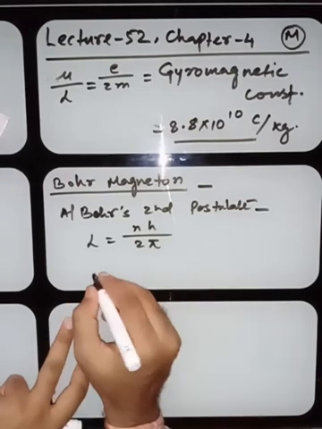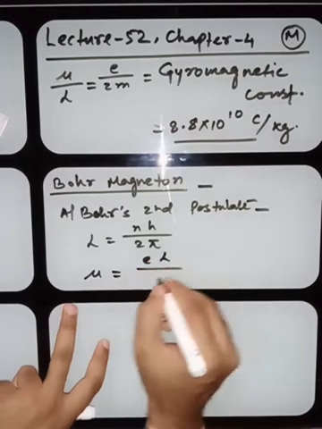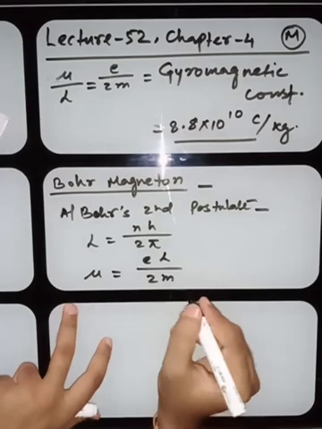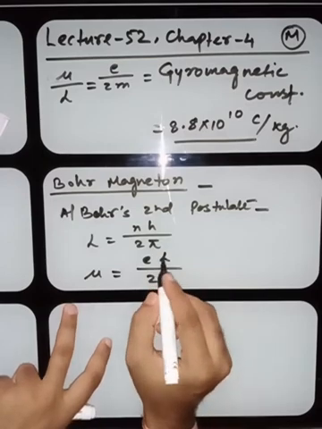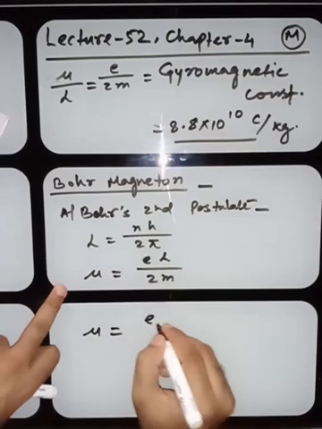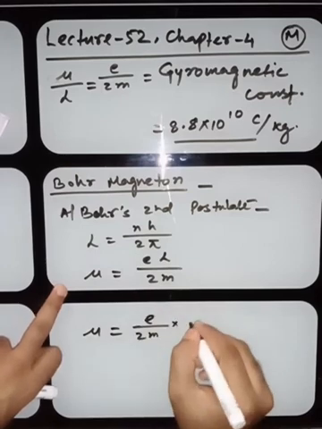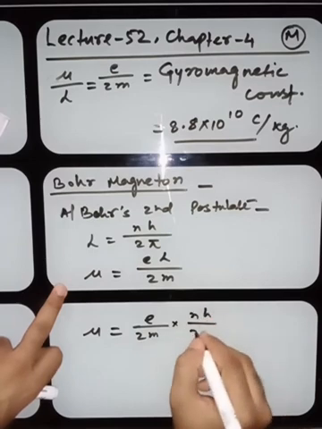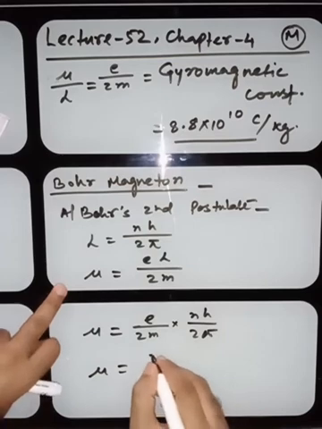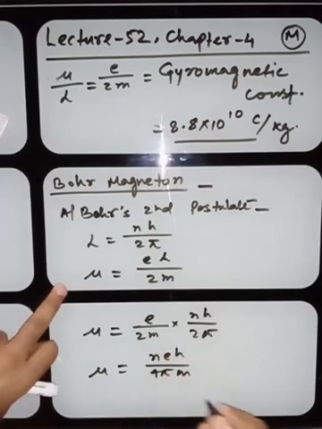As we have written, mu is eL by 2m. Put the value of L from this equation and you will find mu as e by 2m times nh by 2 pi. Overall, this is neh over 4 pi m.